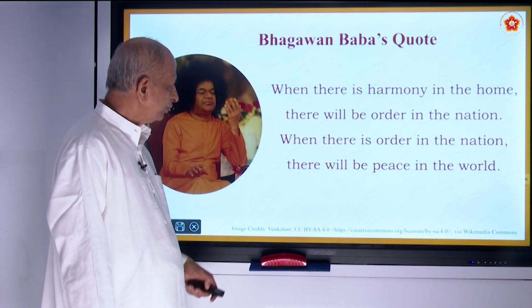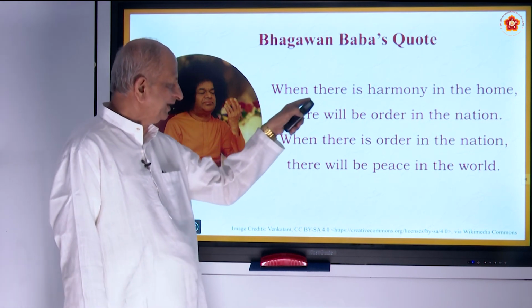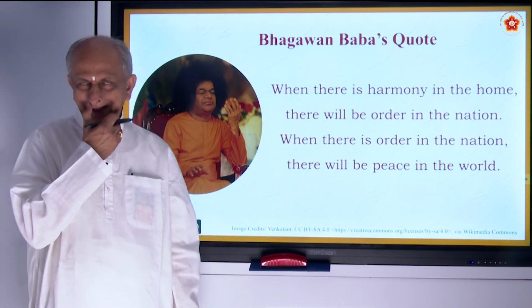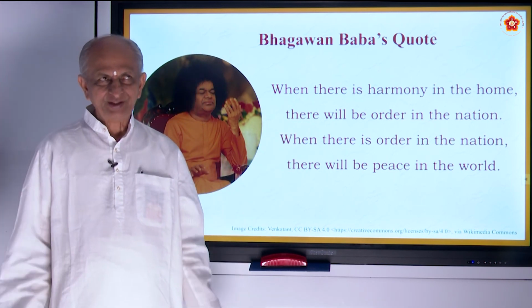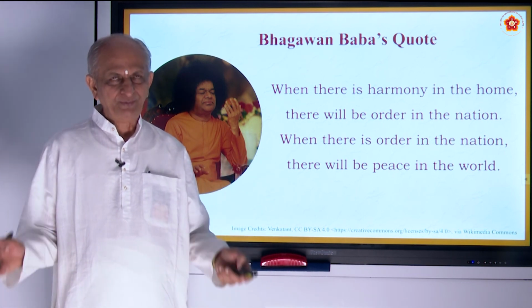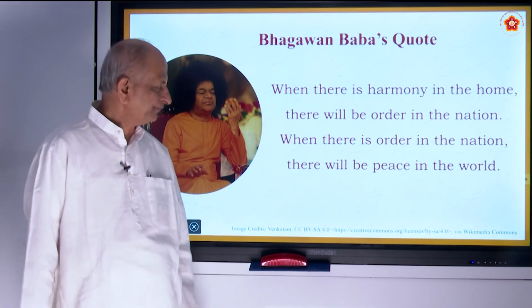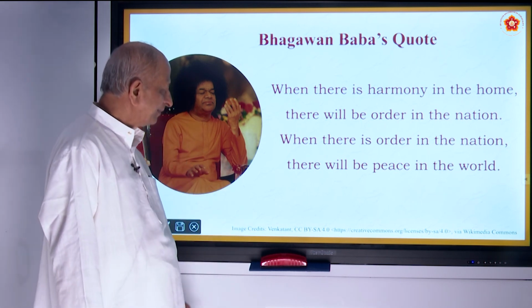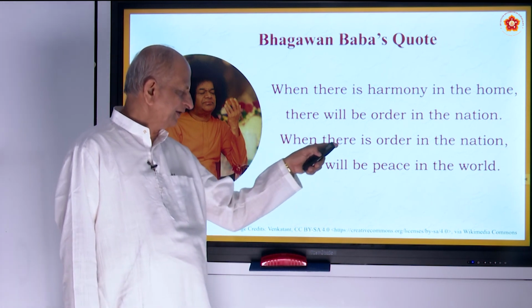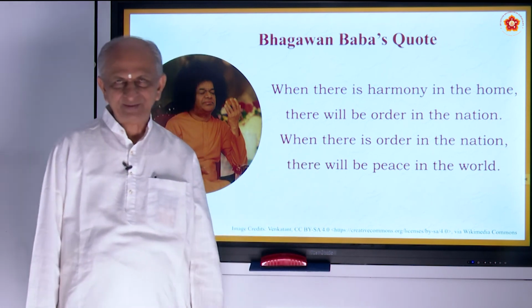Now let us see what Bhagwan Baba says. Bhagwan Baba's quote: when there is harmony in the home, there will be order in the nation. So the whole nation depends on home first. There should be mutual understanding and love. Then there will be harmony in home, then order in the nation. When there is order in the nation, there will be peace in the world.